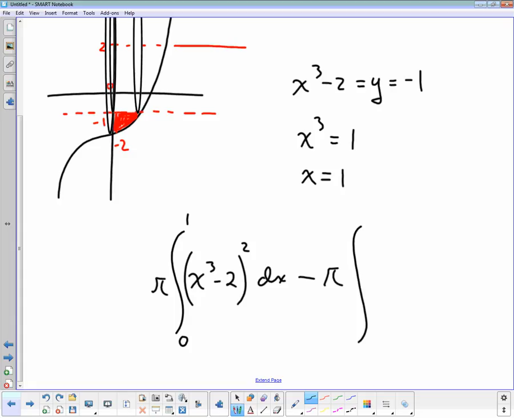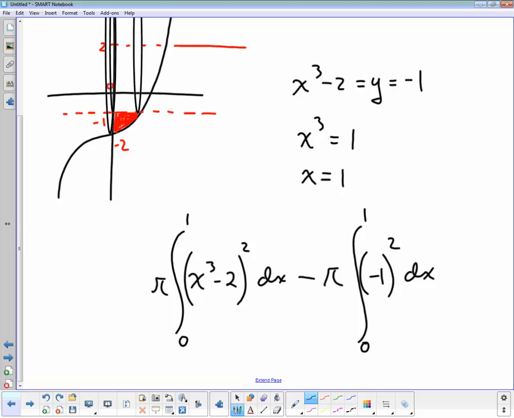And the inner disk is y equals -1. To find the points of intersection, you got to find the places where they intersect so I know the bounds of my integral. All right. Done.